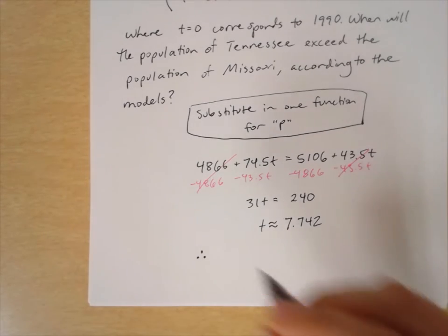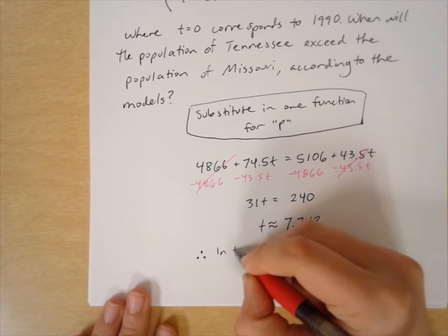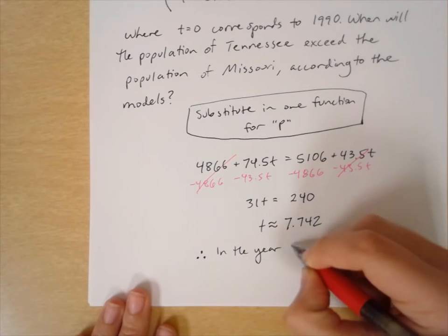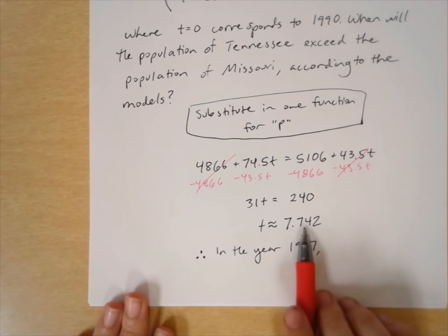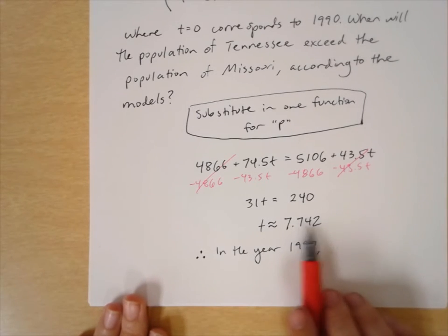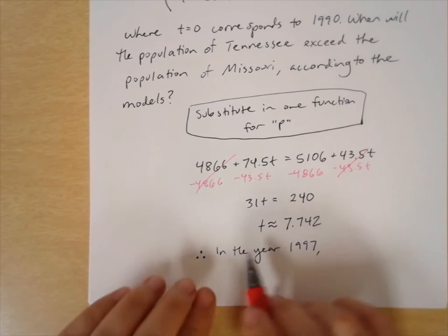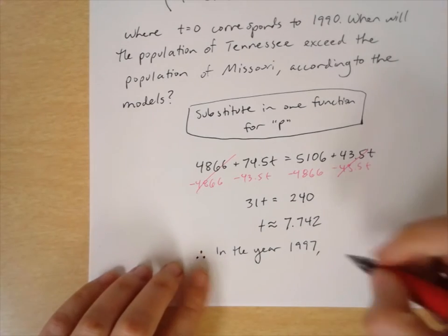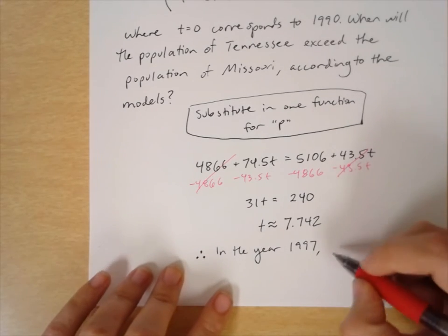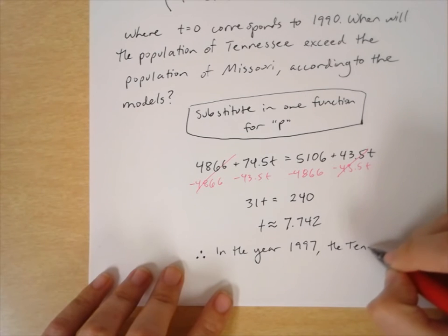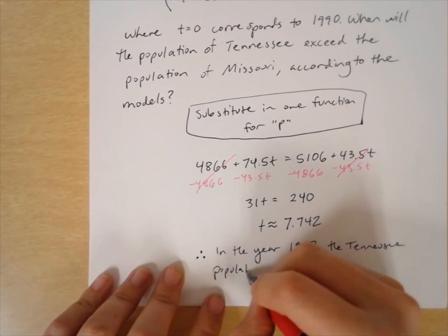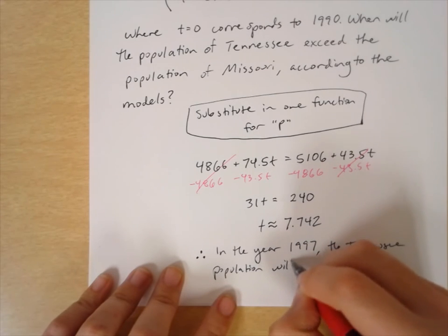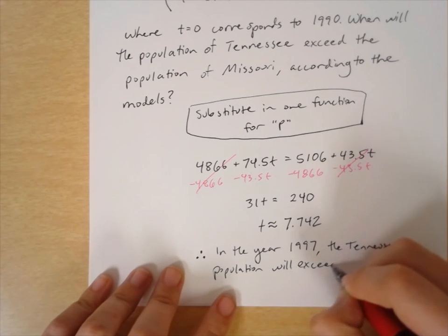So we can say, in the year 1997, sometime in there, right? Probably later in the year, given we're almost to 8. But sometime in 1997, the Tennessee population will exceed Missouri.